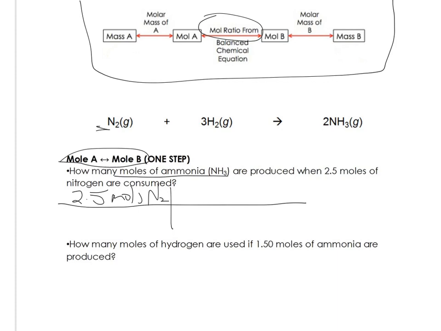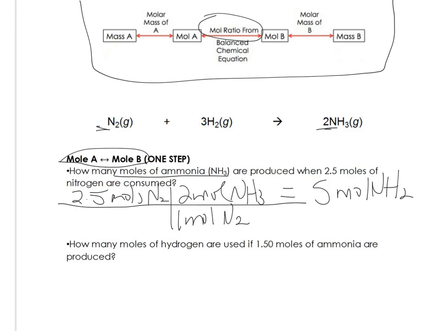For every 1 mole of nitrogen, and that's going to go on the bottom, I have 2 moles of ammonia. That goes on top. Multiply across, so 5 moles of ammonia. And really with sig figs, you'd put 5.0 moles of ammonia.